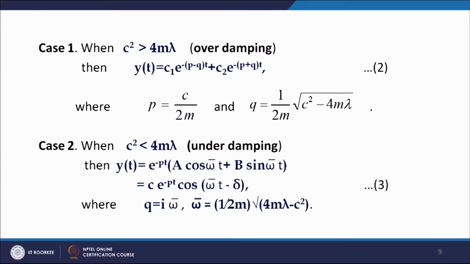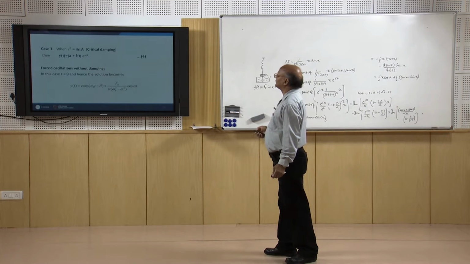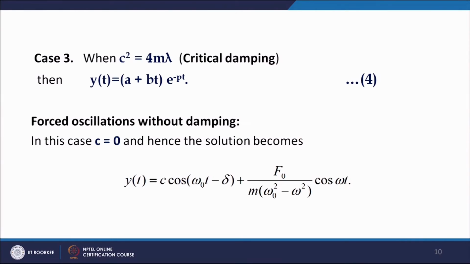Then we had the second case, c square less than 4 m lambda, which was the case of under damping, because c is the damping constant. So we had the solution y(t) equal to e to the power minus pt times c cos omega star t minus delta, and q was equal to i omega star, which is equal to this. Now in the third case, the critical damping, when c square becomes 4 m lambda, we had y(t) equal to a plus bt times e to the power minus pt.